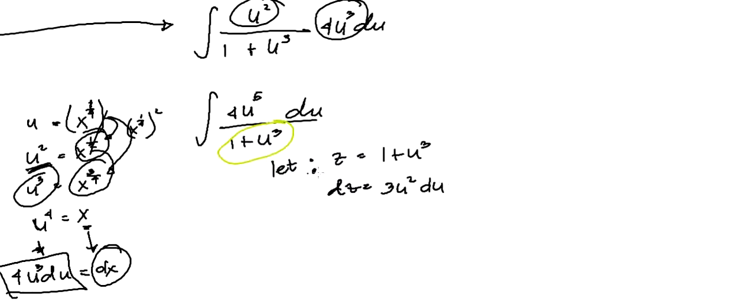Okay, so from here we can now find the value of u cubed, which is equal to z minus 1, right? And to find the value of our u squared du, we have dz all over 3.